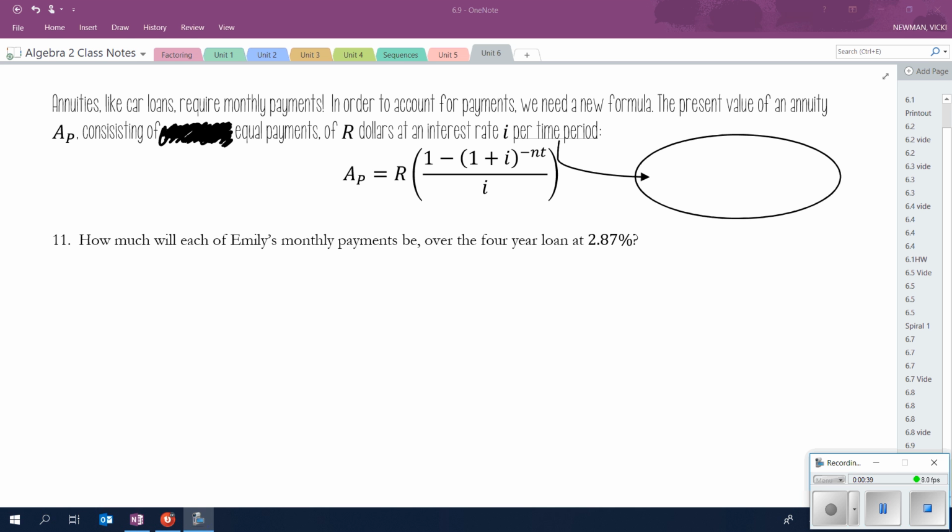So this formula is going to show, given a loan amount and the payments, can we manipulate this formula a little bit? Or given a loan, how much is our payment? Or given a payment, how much loan can we get? A lot of times people think about going car shopping or house shopping.